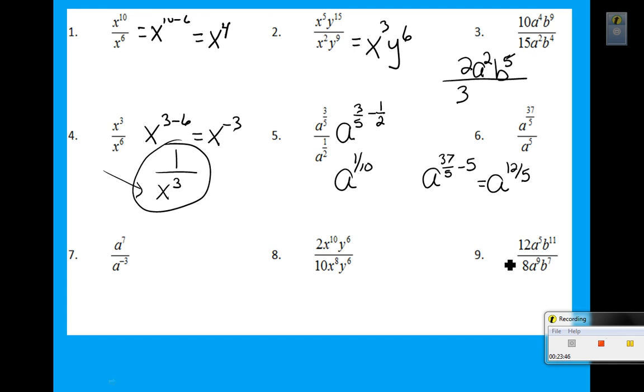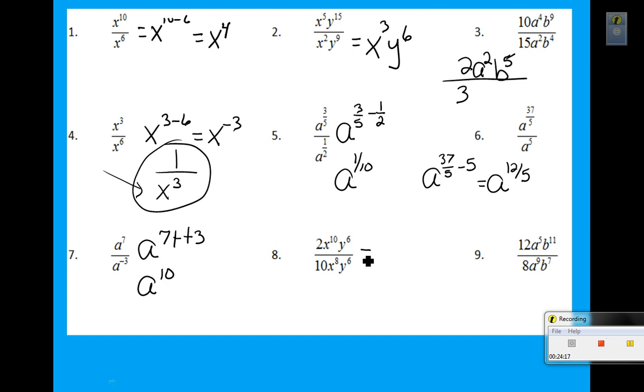Last 3. So 7, 8, and 9. I got a to the 7th over a to the negative 3. So this becomes a to the 7 minus negative 3. 2 negatives become a positive. This answer, a to the 10th. Here's my number 8.